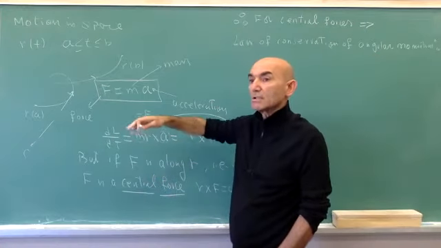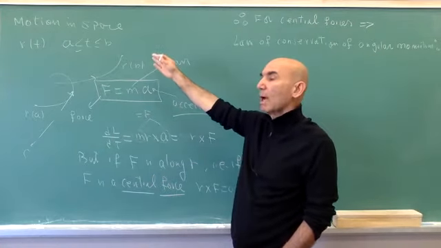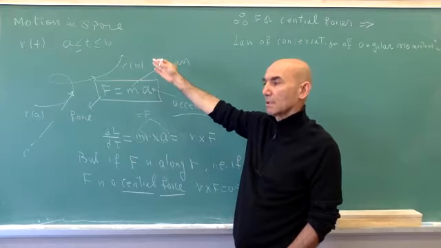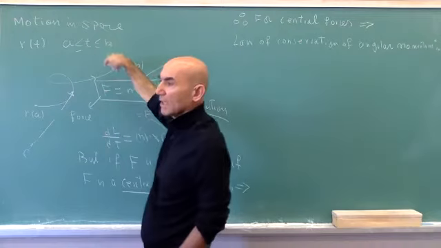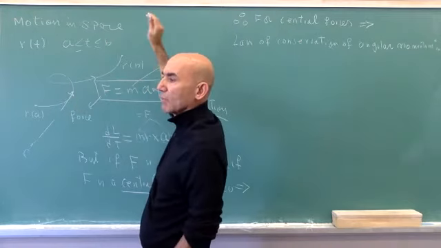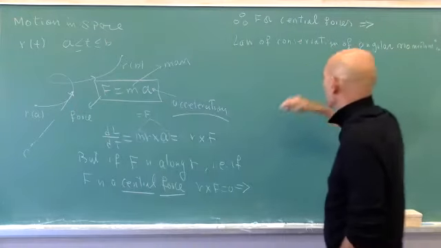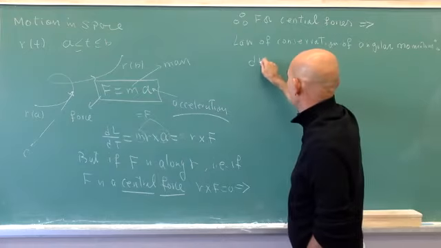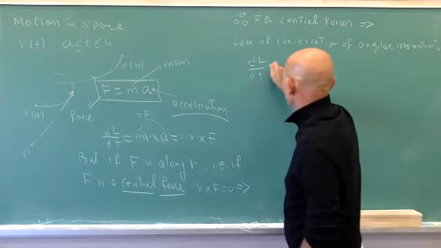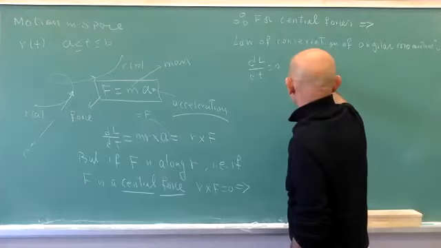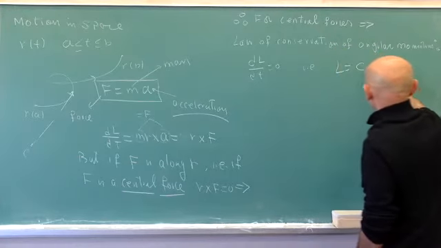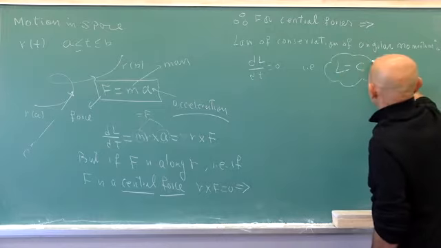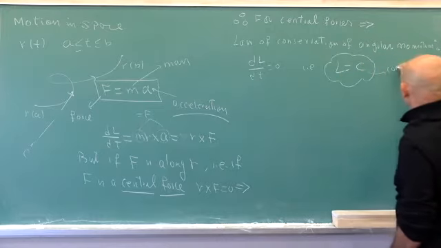It's not changing in time. Angular momentum at the initial point, whatever the value it is, it keeps its amount. The vector is constant, so dL/dt equal to 0, i.e. L is equal to constant. Of course, it's a constant vector.